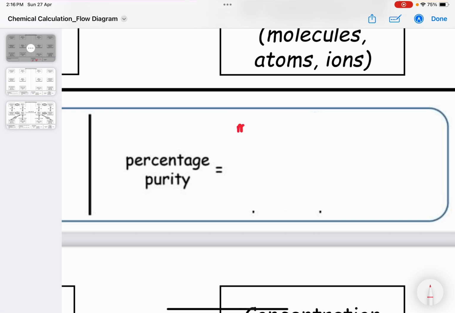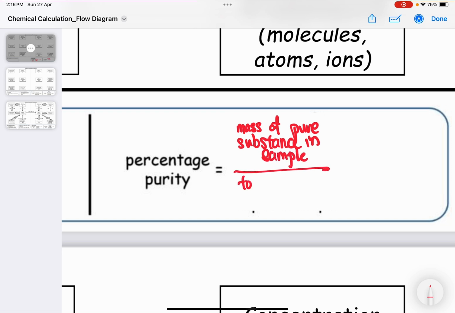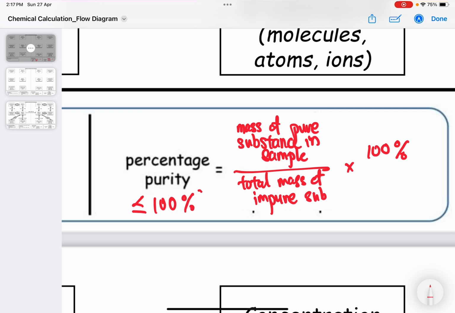It's always taking the mass of pure substance in the sample divided by the total mass of the impure sample. So it's the mass of pure substance divided by the mass of the impure sample, times 100%. Same thing, because it's a percentage, this will always be less than or equal to 100%.